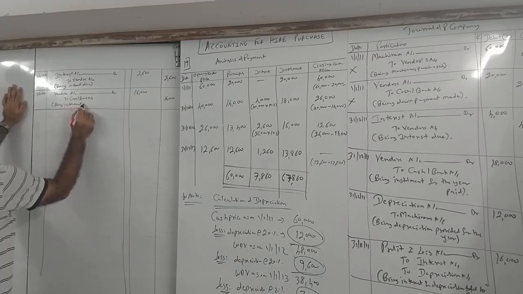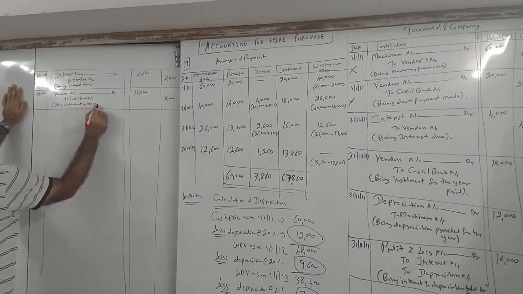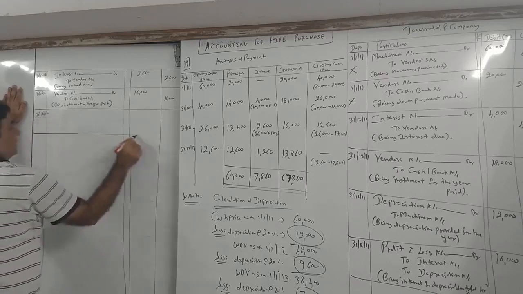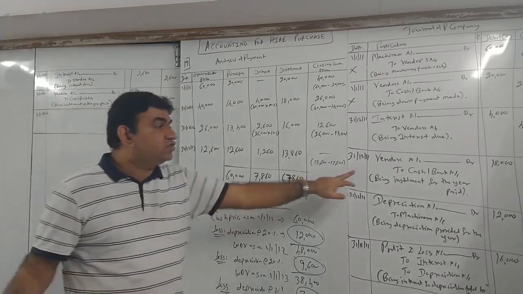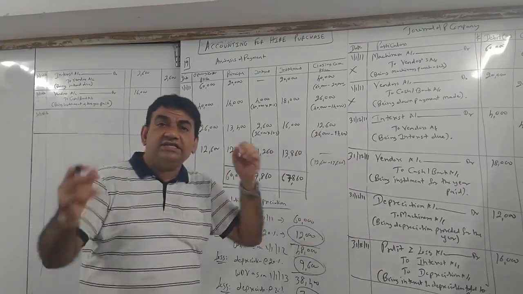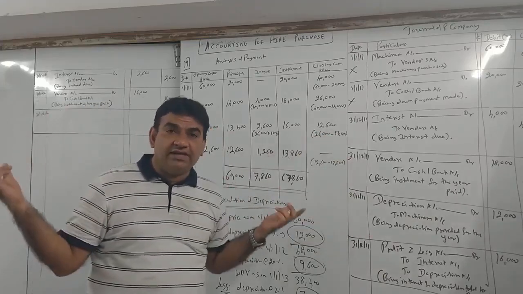Being installment of the year, or you can say being installment. So first year's installment 18,000, second year's installment 16,000. Same entries, just the amount of the second year will come.